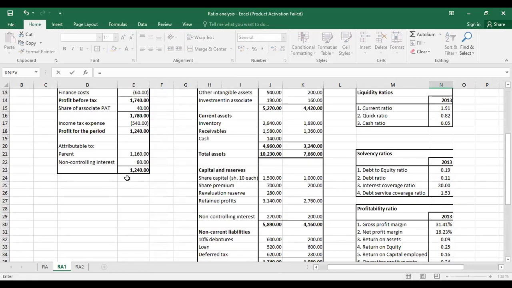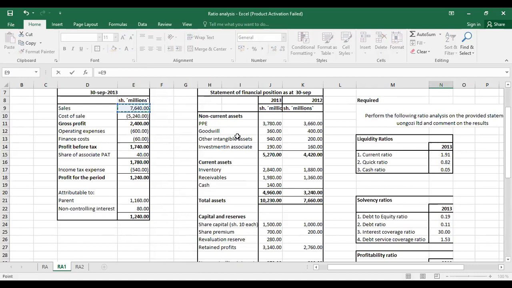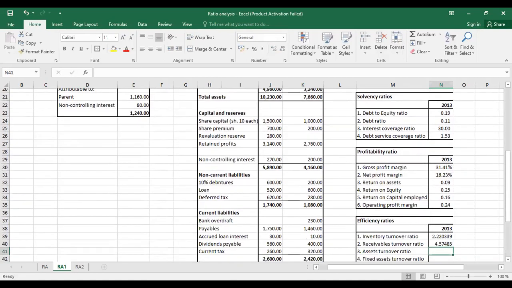Then we go to receivables turnover, it will be the sales divided by, I open two brackets, the receivables in the first year plus the second year. I close the bracket, divide by 2, I close the other bracket, enter.